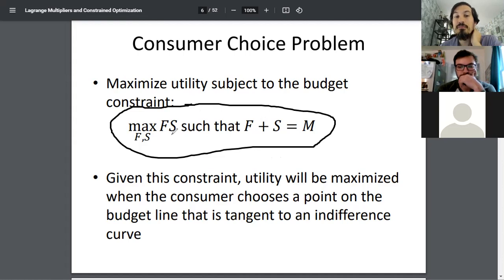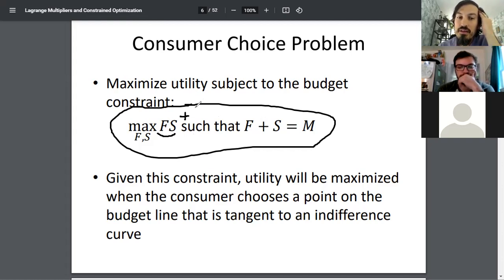So I'm not just maximizing f times s. I'm going to maximize f times s plus something that is ultimately equal to 0. And because I'm maximizing f times s plus something which is ultimately equal to 0, I'm not really changing the solution. Whatever maximizes this new thing will also be a maximum for f times s.